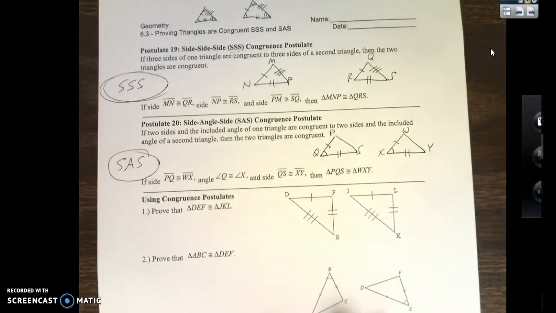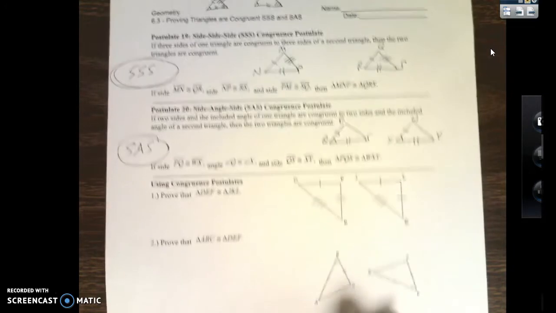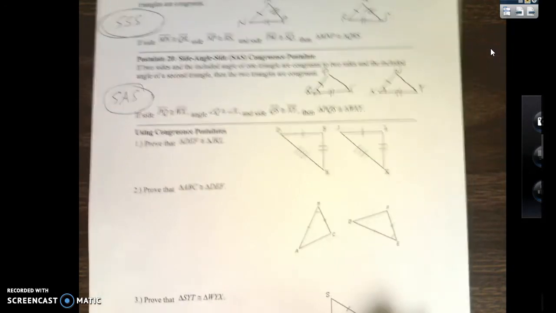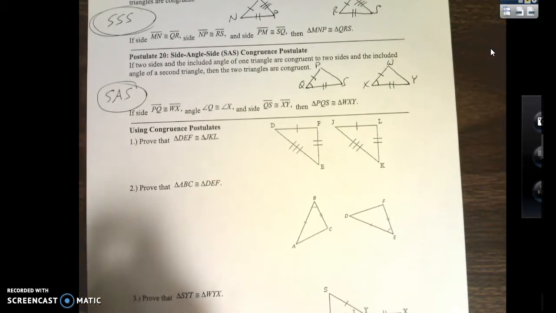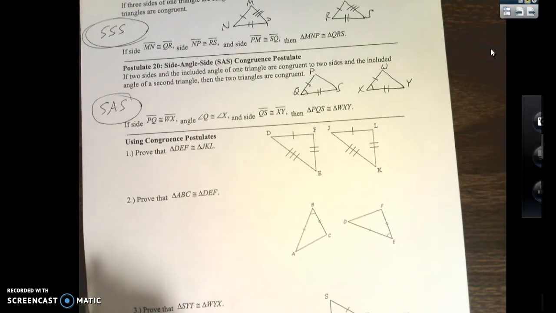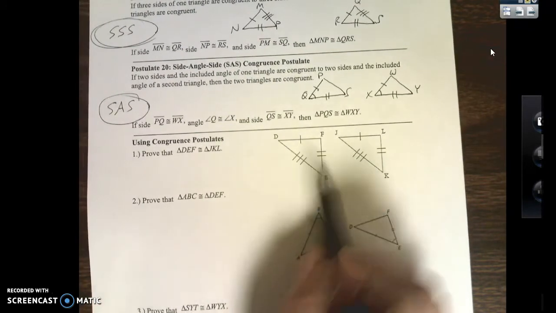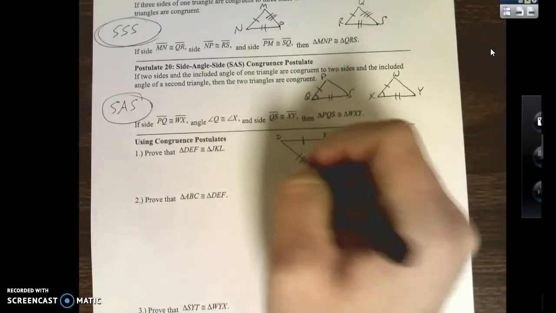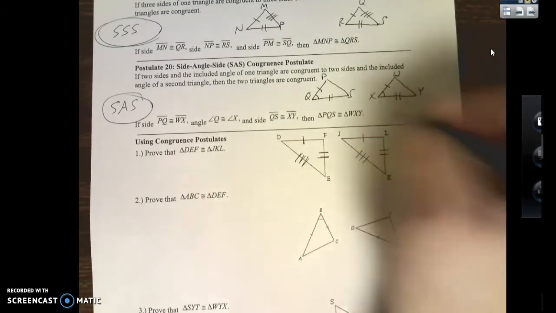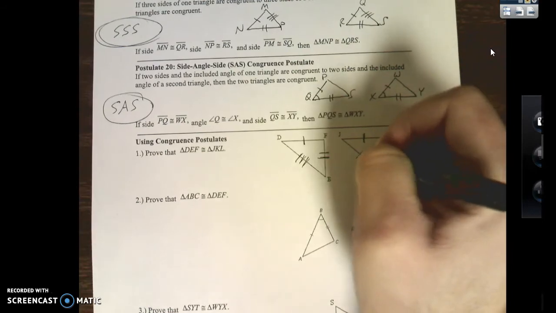Okay. So down here, using congruence postulates, all right, this is pretty simple, but you have to look for the pattern. It's all patterns, okay? So if I want to prove that triangle DEF is congruent to triangle JKL, I'm looking over at the pictures here. So I'm noticing, all right, they're giving me a tick mark. They're giving me 2 tick marks. 3. Okay. Oh, 1, 2, 3.